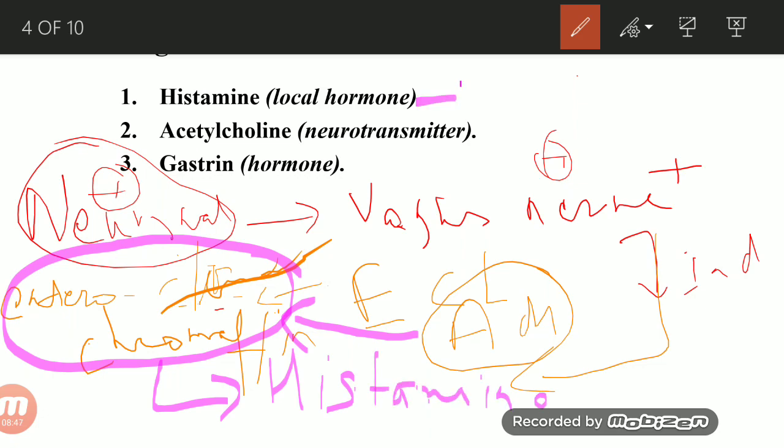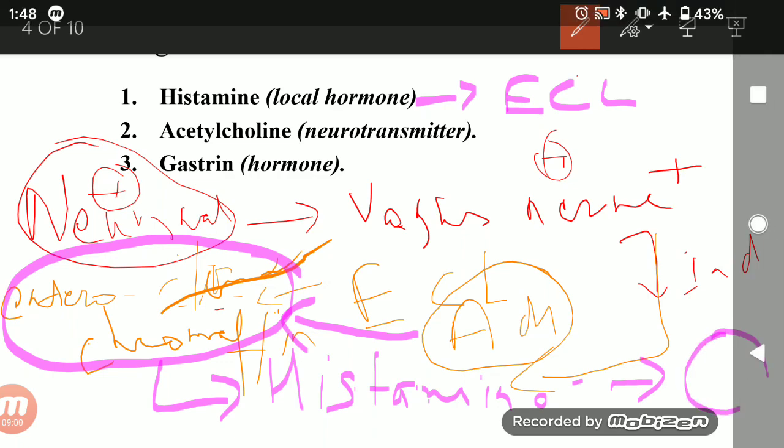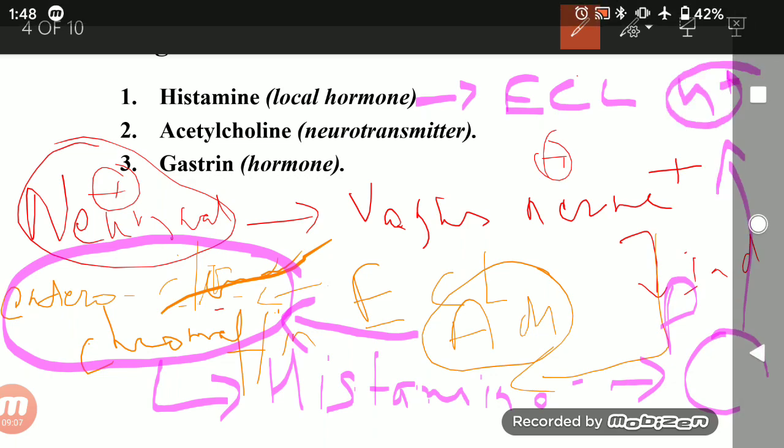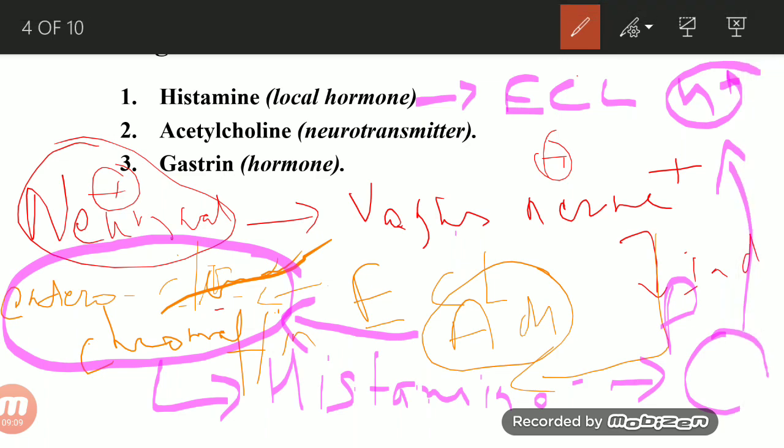So your histamine is being released from your ECL, which is enterochromaffin like cells. Due to the release of histamine, this histamine in turn goes and acts on your parietal cell and then causes liberation of H plus ion. So this is your indirect mechanism.